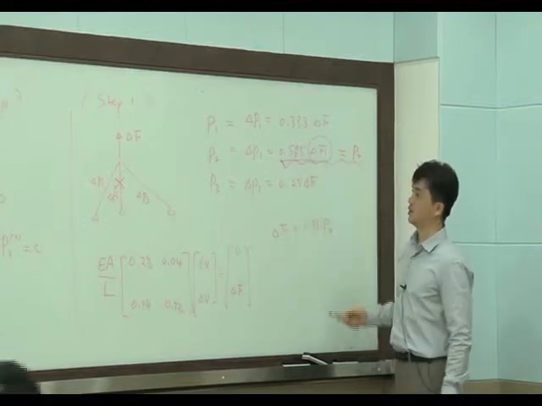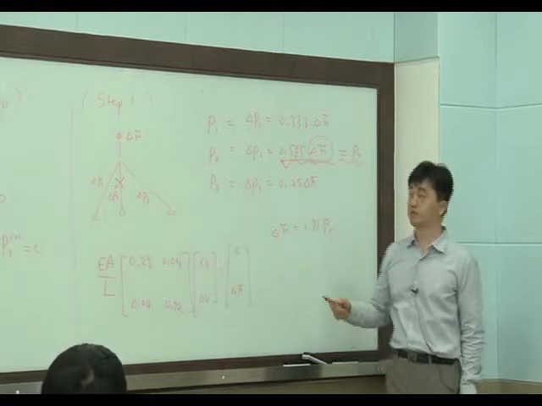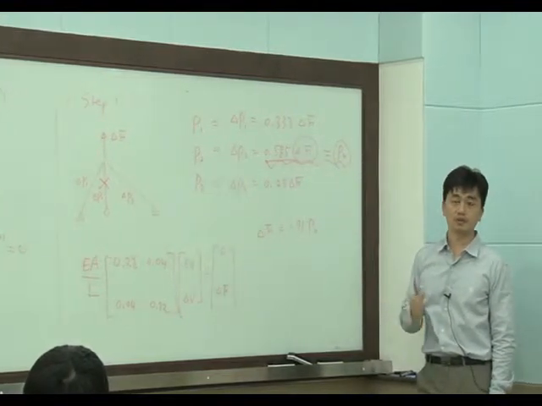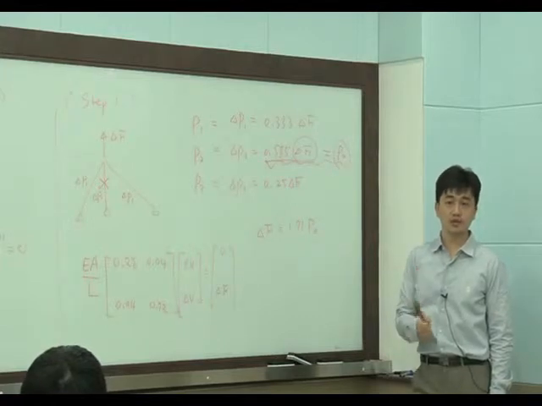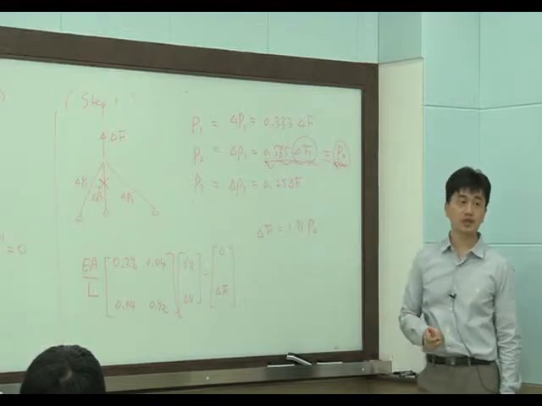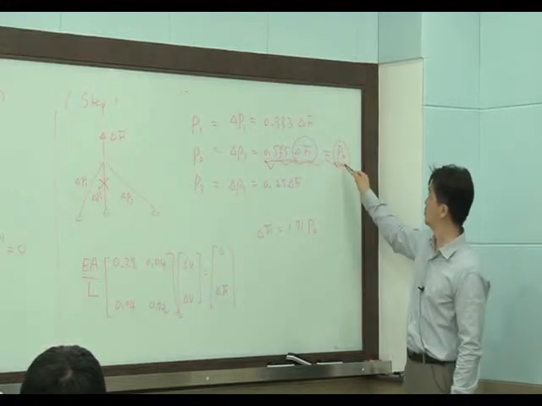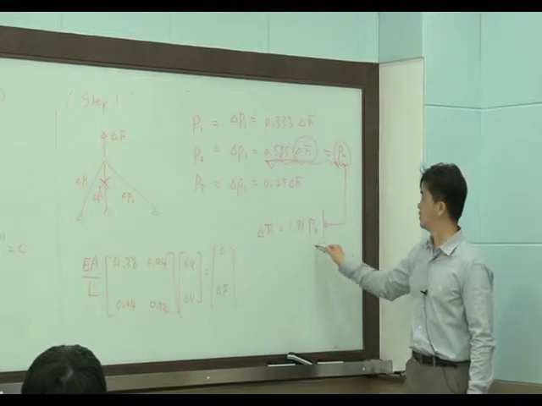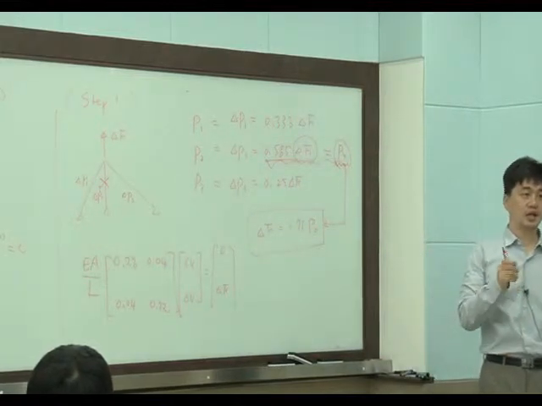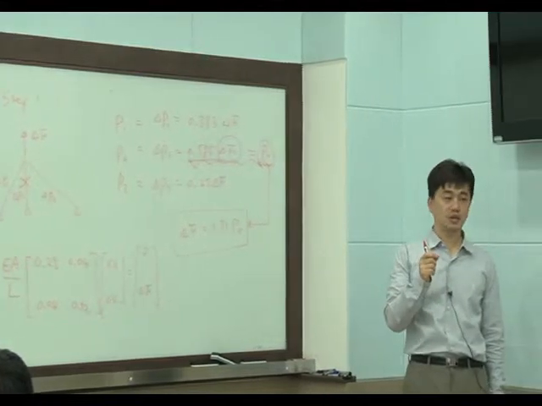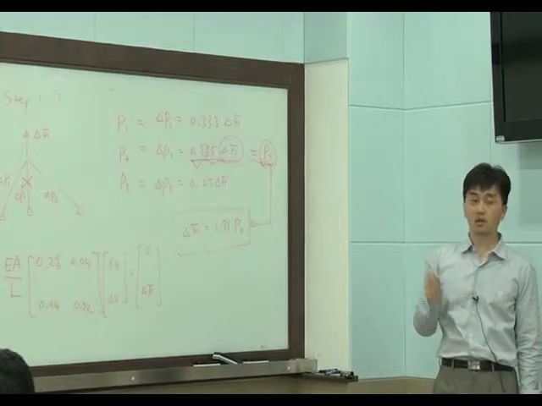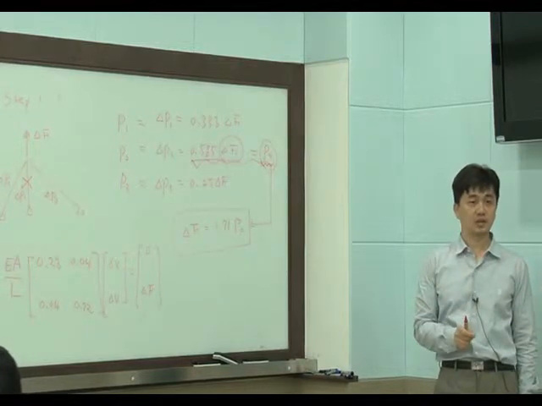Failure of member 2 means the member force of member 2 becomes the same as the plastic limit load. From this, we can find the delta F, the incremental force when member 2 fails.